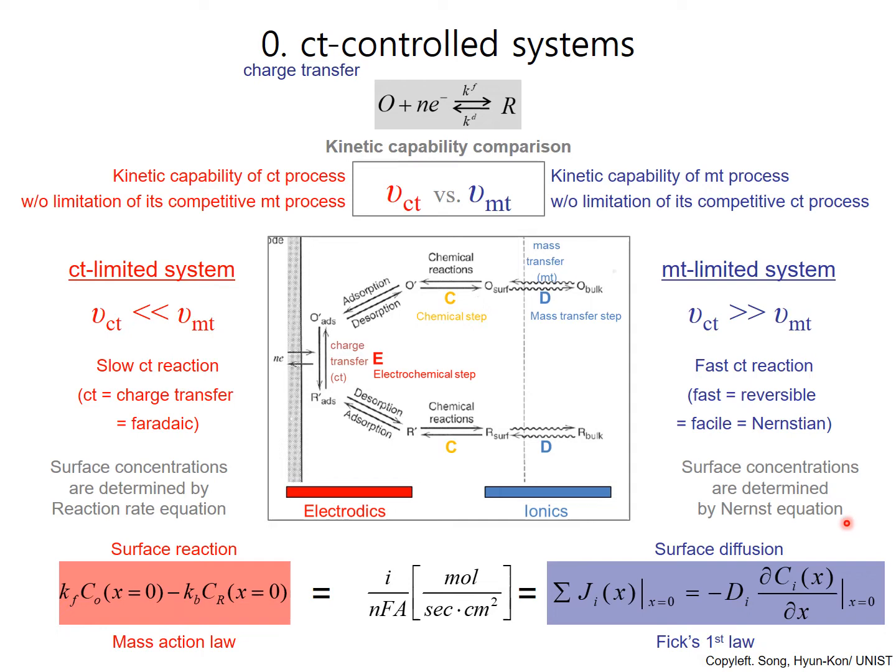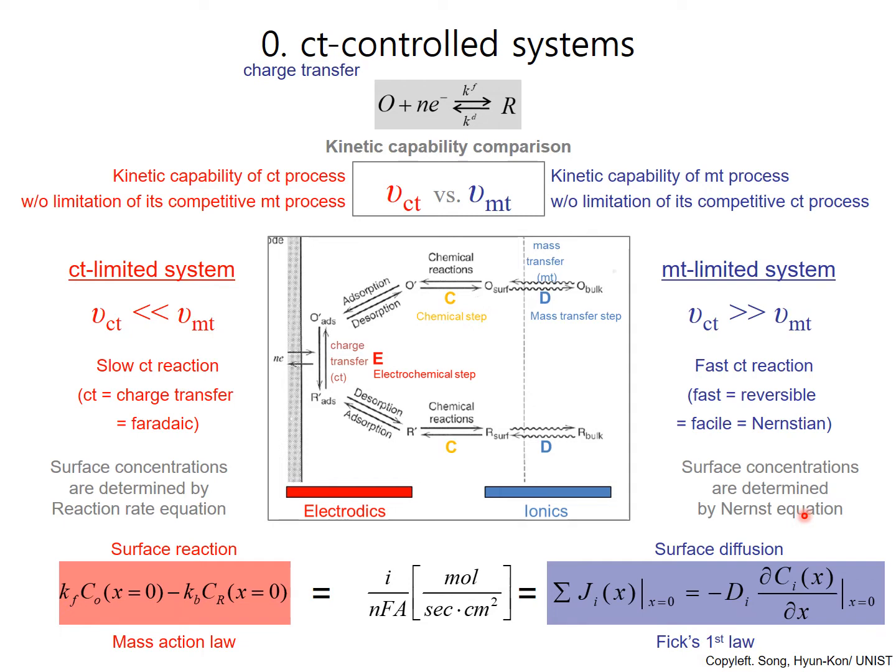What does it mean? I'd like to change the sentence in this way: surface concentrations are determined by thermodynamics because the kinetics of the charge transfer reaction is really fast. So the surface situation is determined by thermodynamics instead of kinetics.